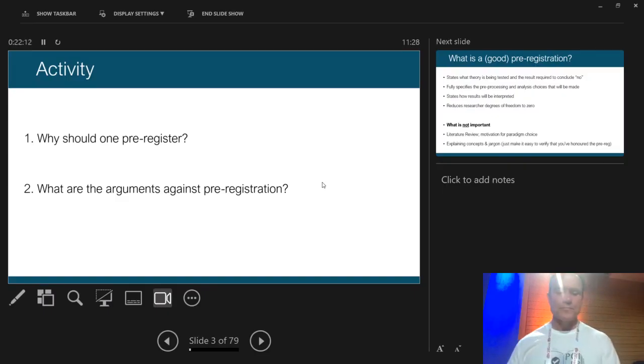But bear in mind, we've had a credibility crisis for a reason. And it isn't just psychology. Preclinical cancer biology is an even worse situation than psychology in terms of the replicability rate and the effect sizes they get when they try to replicate studies. So my point of view anyway is we can't just keep carrying on doing what we have been doing. We need to change our workflow in certain ways.